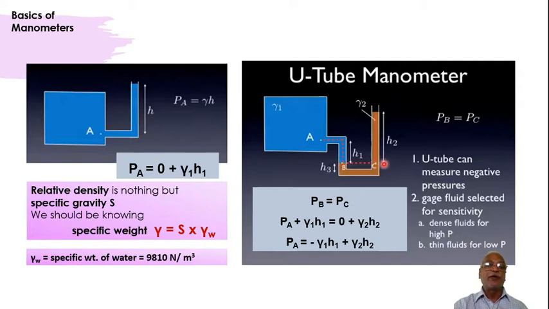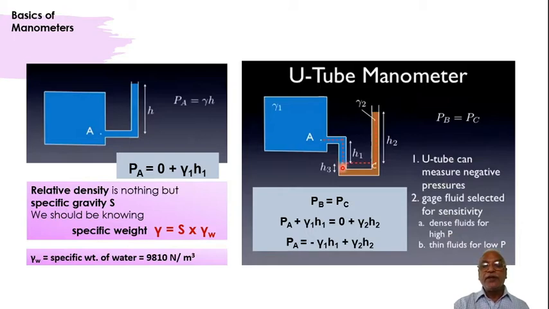That is a concept we are going to use. So pressure at B and pressure at C are equal. That is the crux, the important point that we are going to analyze more and more. Now we'll see how to write pressure at B.